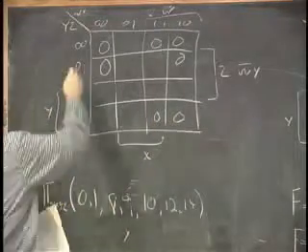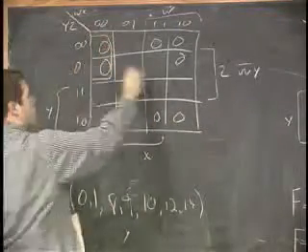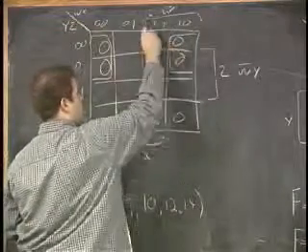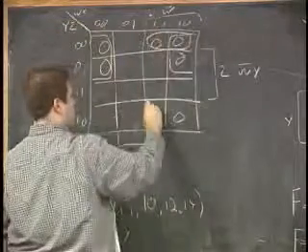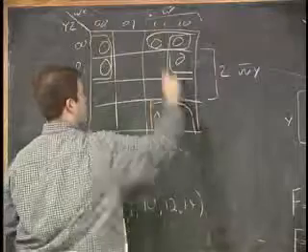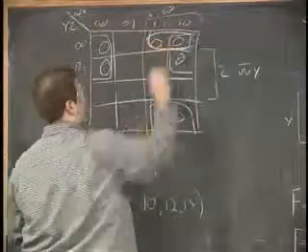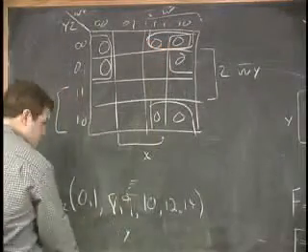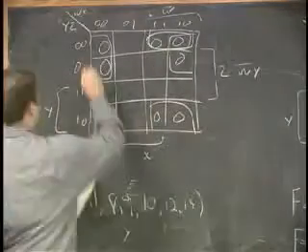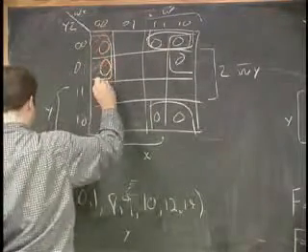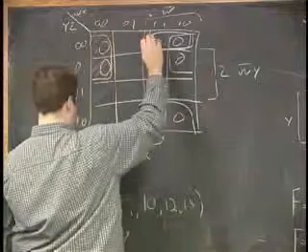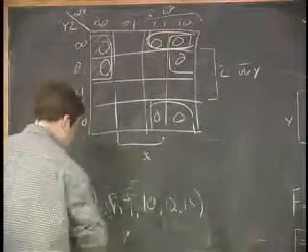Now let's draw our circles. Okay. Now let's define our distinguished one cells. Actually, that one doesn't.